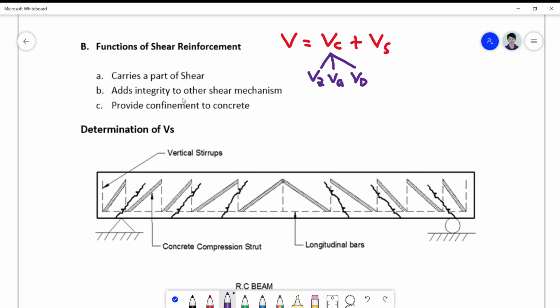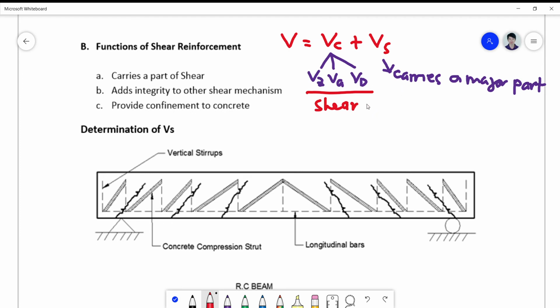For the functions of the shear reinforcement, first, it carries a major part of your shear. Second, it also adds integrity to the other shear mechanisms, and it reinforces the efficacy of your shear mechanism.